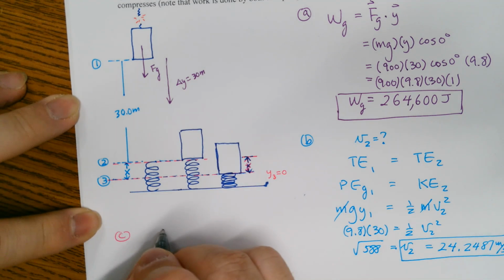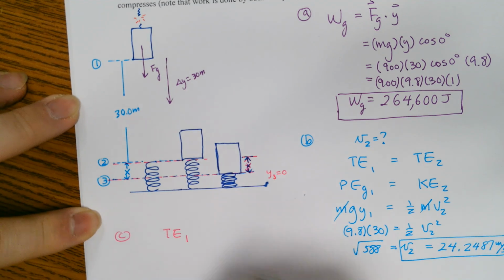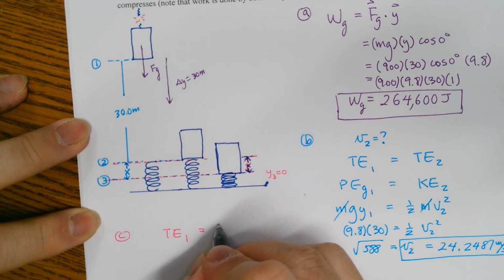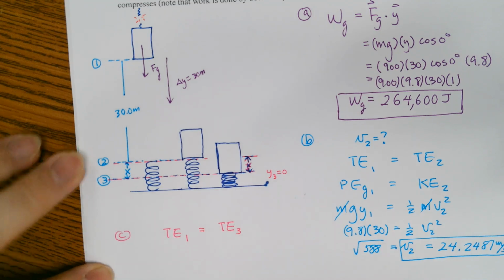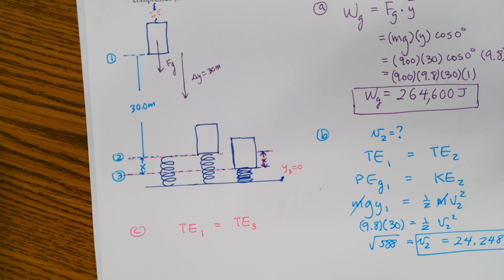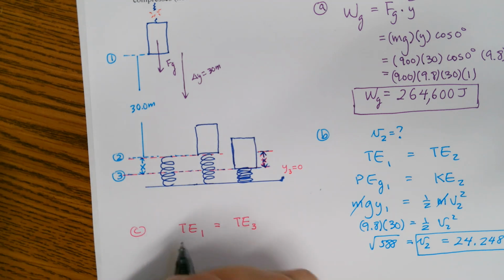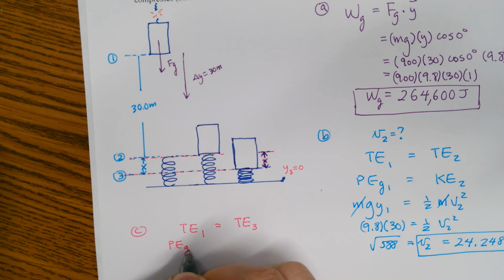So in this case, my total energy at 1 is equal to my total energy at 3. Total energy at 1 is just simply potential energy gravitation.